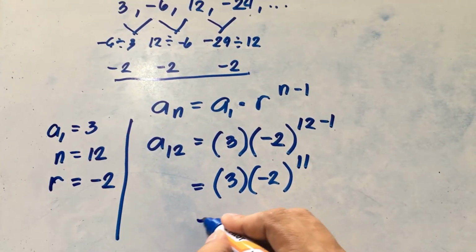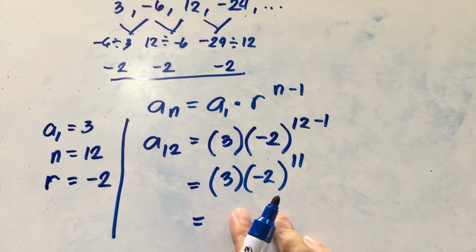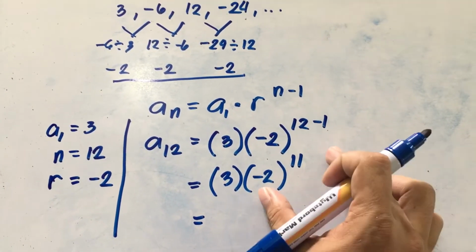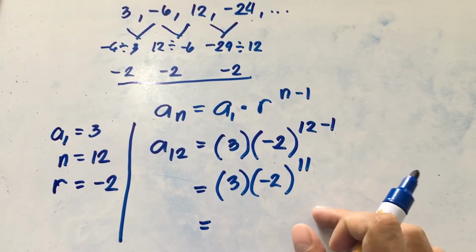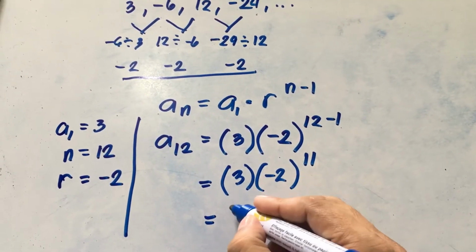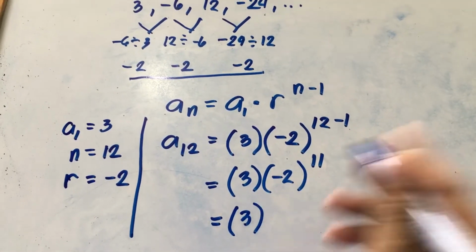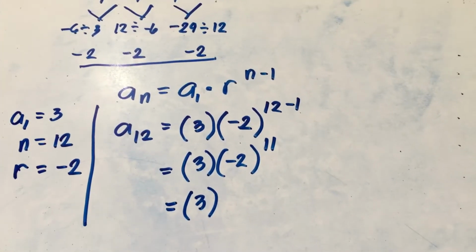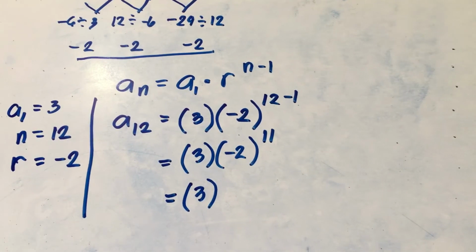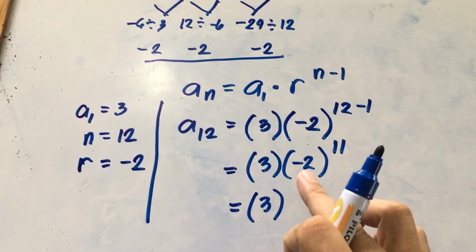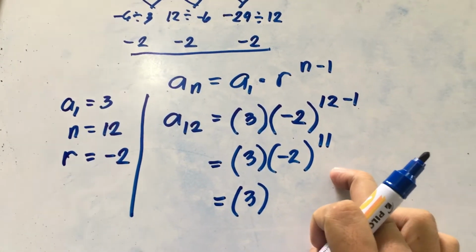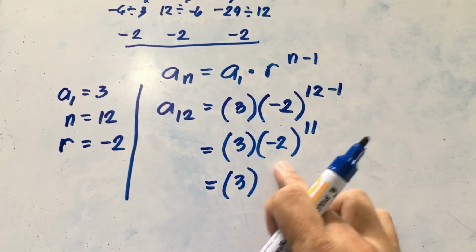Okay? Now, in our next step, we need to simplify the parenthesis with an exponent. So therefore, you copy 3. Now, at this point, the best way to solve this one is using the calculator.